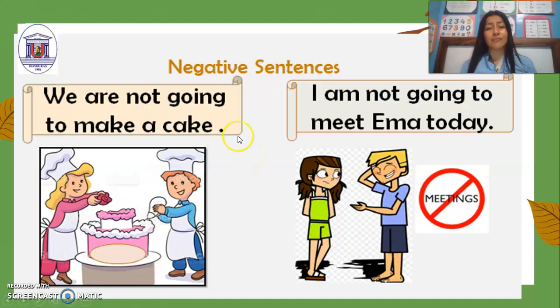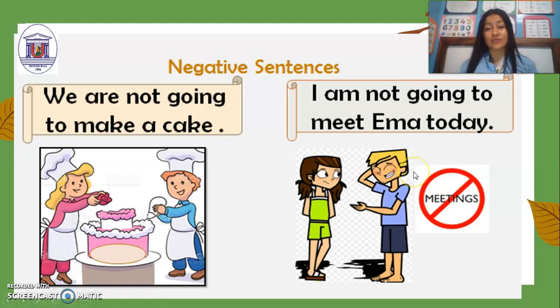Let's read some examples with negative sentences. We are not going to make a cake. Negative. I'm not going to meet Emma today. Something already decided.